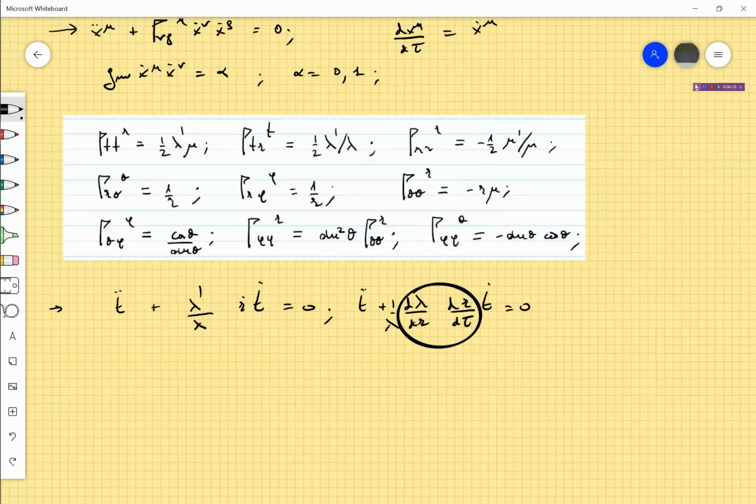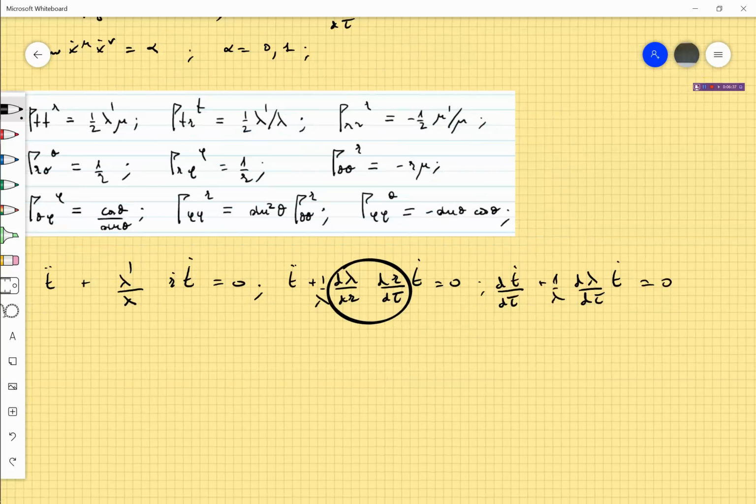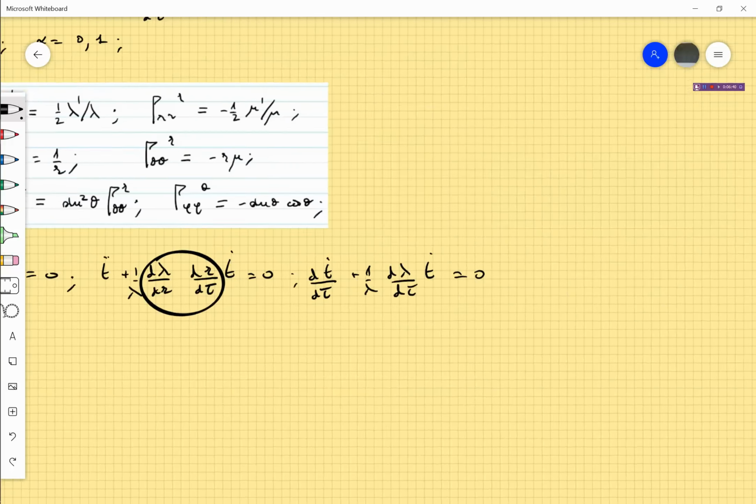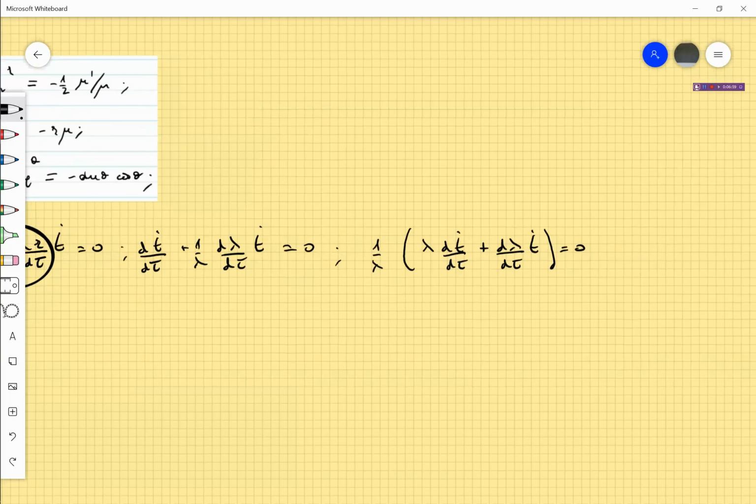t dot, this is clearly, using the chain rule, just the derivative of lambda with respect to tau. So let me write it. This is t double dot plus 1 over lambda d lambda over d tau t dot equal to 0, and we can also write it like this, taking this 1 over lambda as a common factor: d t dot over d tau plus d lambda over d tau t dot, and this is nothing but 1 over lambda d tau of lambda t dot equal to 0.